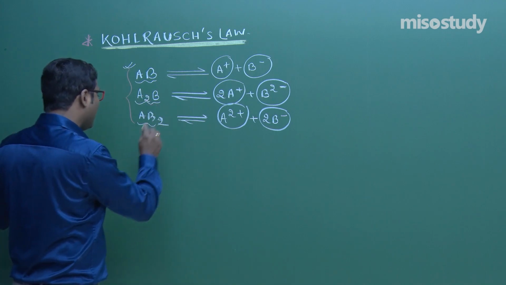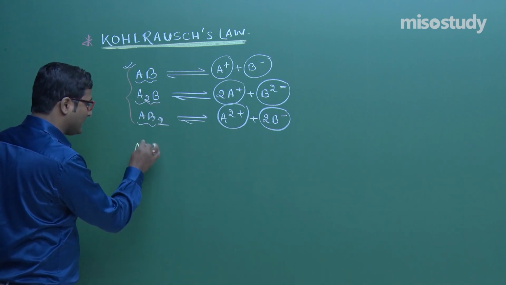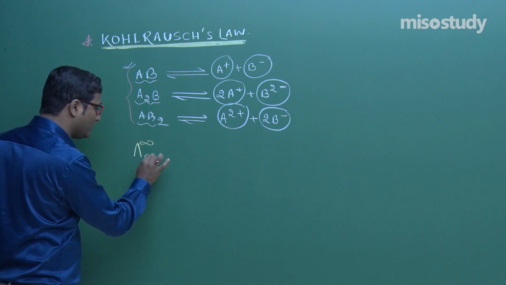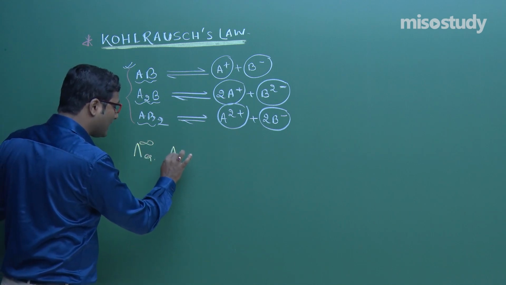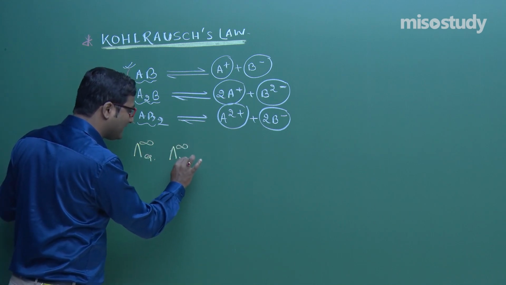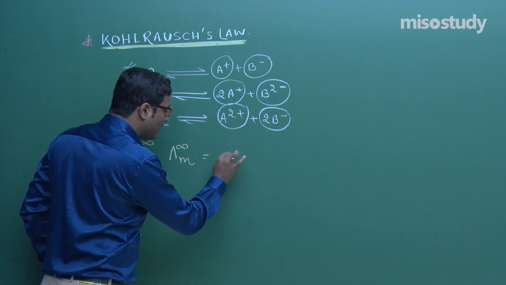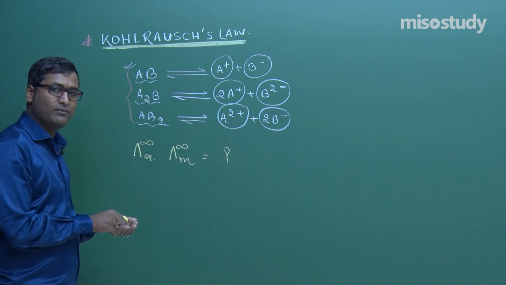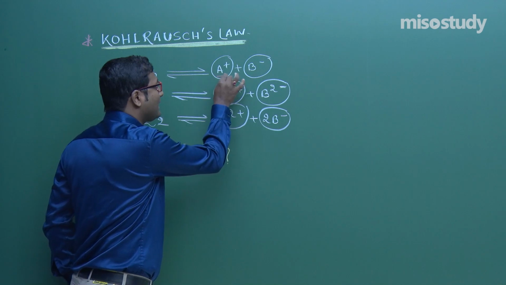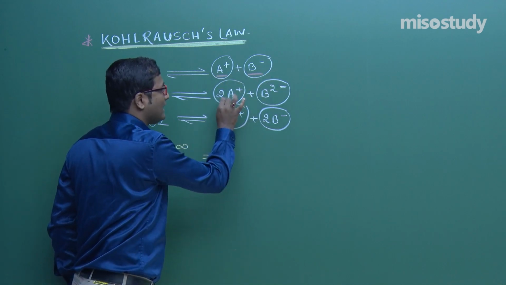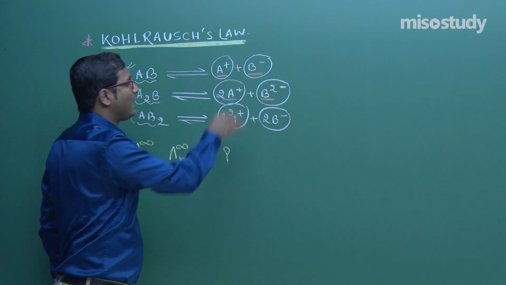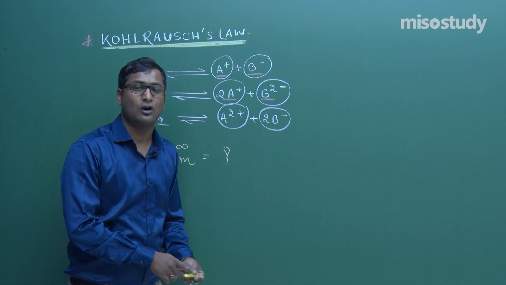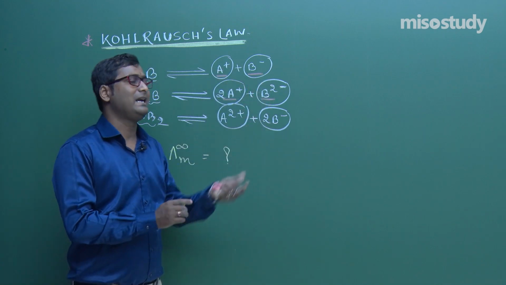The equivalent conductance or molar conductance at infinite dilution is equal to the conductance of each ion, and this is known as the ionic conductance of cation and anion.